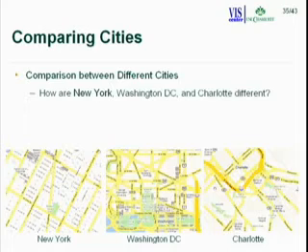So currently, if you ask any architects, are there any architects here? Okay, good. If you ask architects what the difference is between New York City, Washington, D.C., and Charlotte, they would tell you in a very abstract and subjective way that New York City is made up of a grid. Washington, D.C. is more of a ray-like structure where all the roads are emanating from the Congress and the White House.